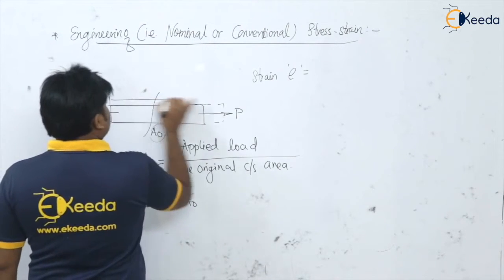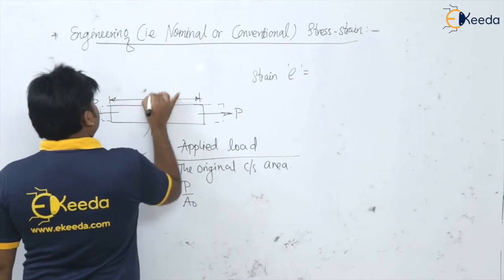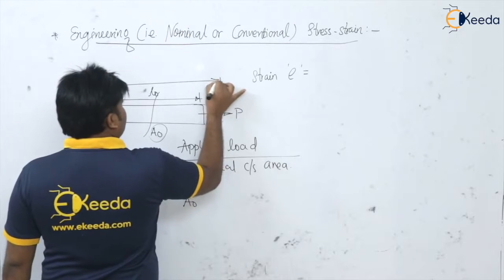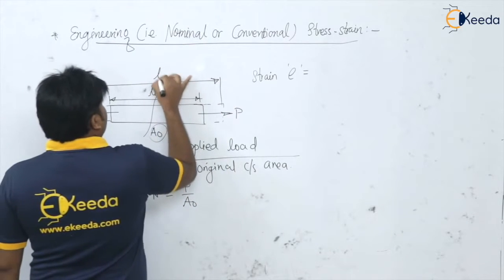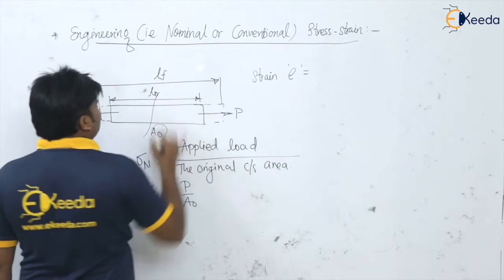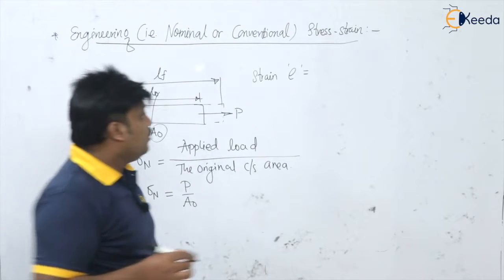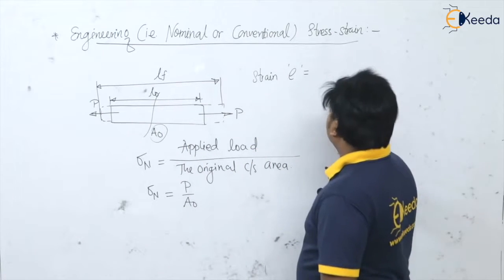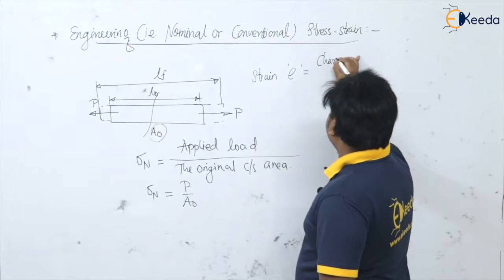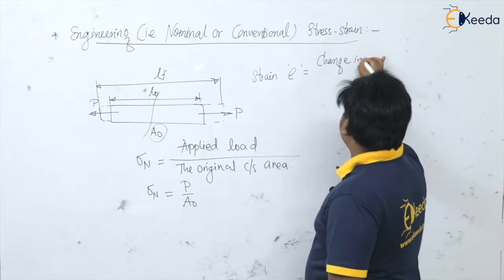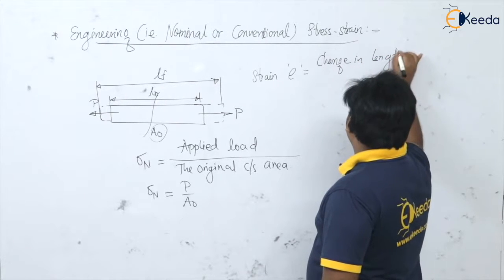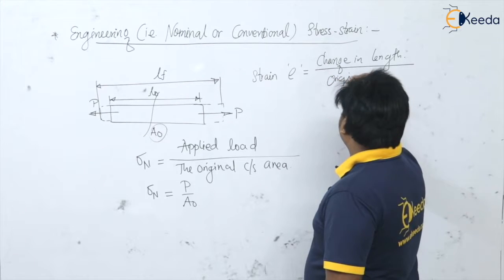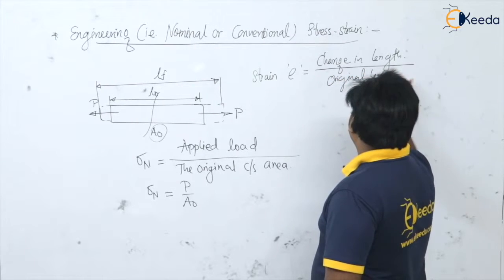This is the original length of the specimen, L original, and after application of load the specimen reaches the length LF. So the strain is the change in length because of the loading divided by the original length of the specimen.